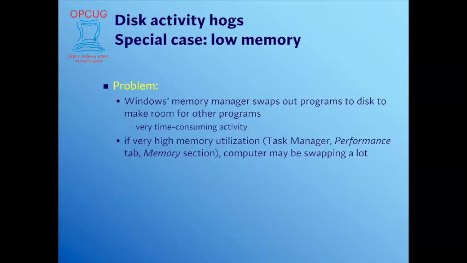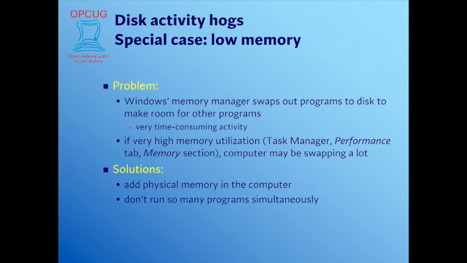When you try to access that other program that's been swapped out to disk, Windows will automatically swap out something else to disk, swap that program back into memory, and allow you to interact with it. Well, it's a very time-consuming activity, and so if you have very high memory utilization and a lot of disk activity, it can be that the computer is actually swapping these programs in and out of memory constantly, and that can have a really huge impact on performance.